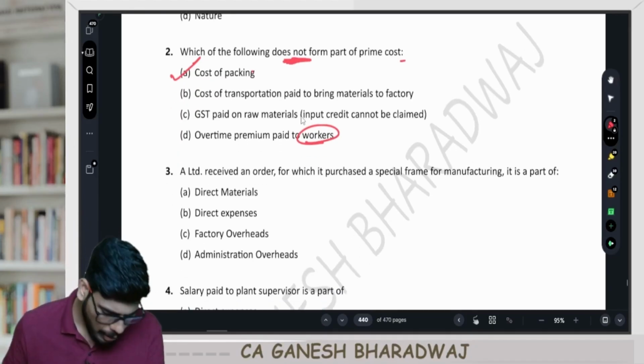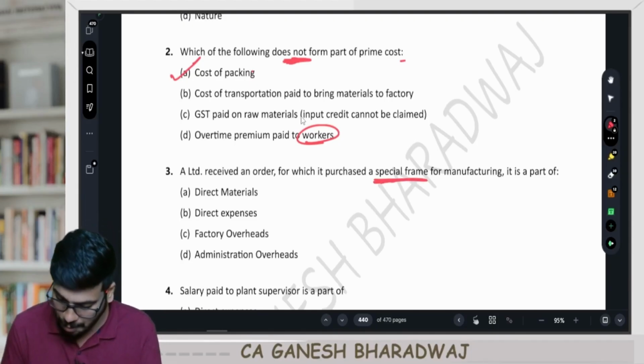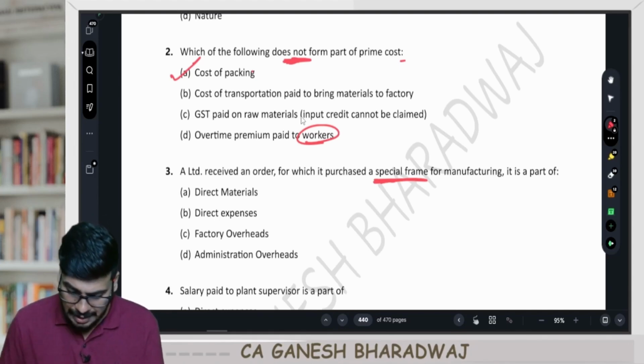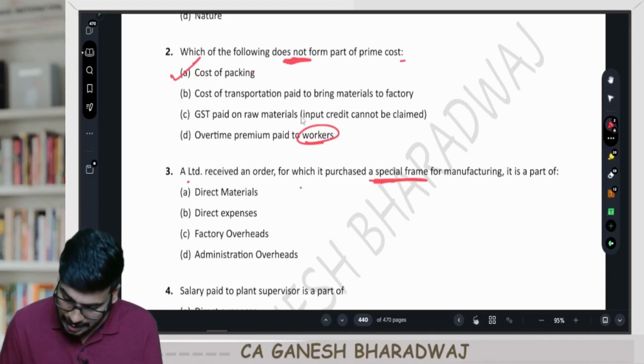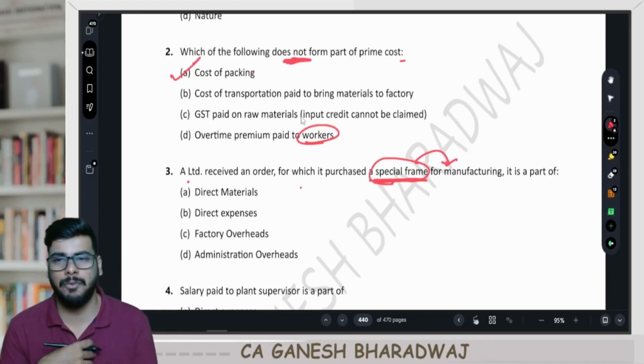Next, A Limited received an order for which it purchased a special frame for manufacturing. It is a part of, you need not even look at the solution. It is a part of what?